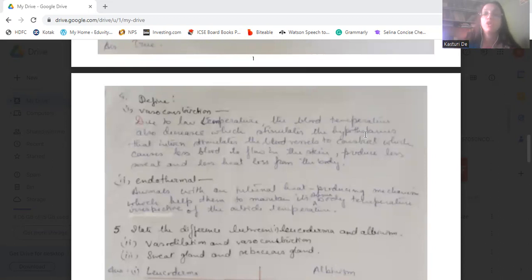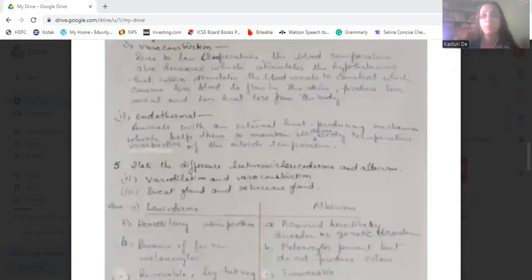This causes less blood flow in the skin and produces less sweat. If more blood flows into the skin, more sweat is produced. So less blood flows into the skin, less sweat is secreted and less heat loss happens from the body.